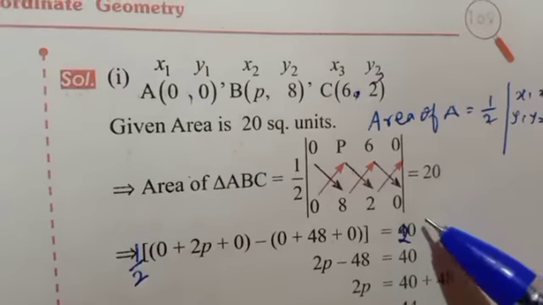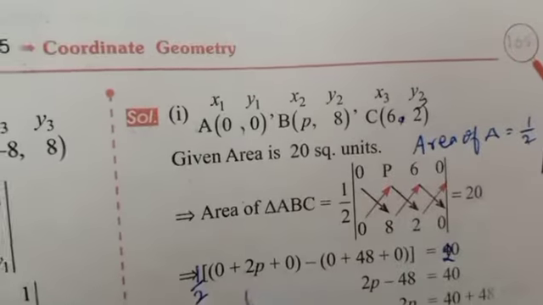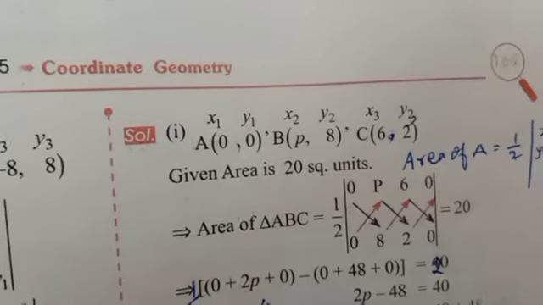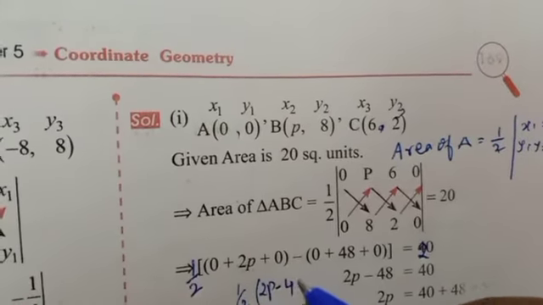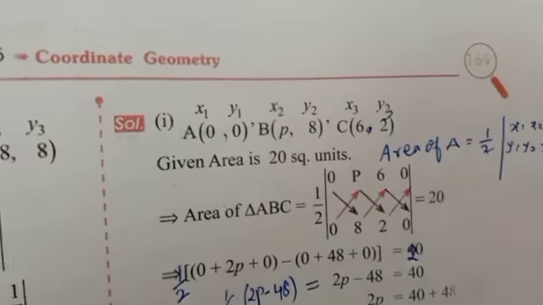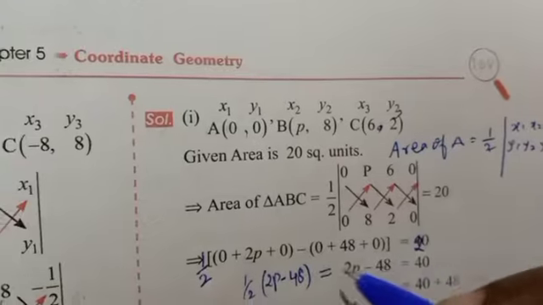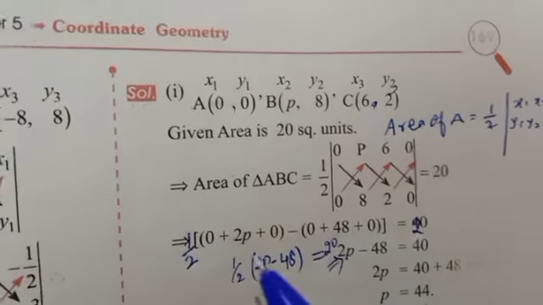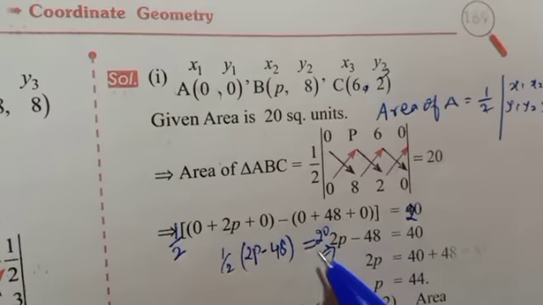Now you have to simplify. 1 by 2 into 2p minus 48 is equal to 20.